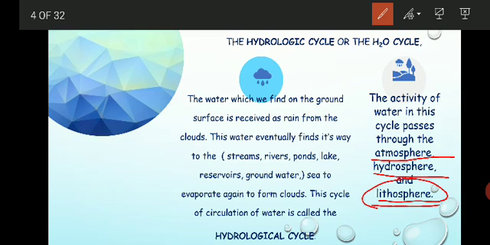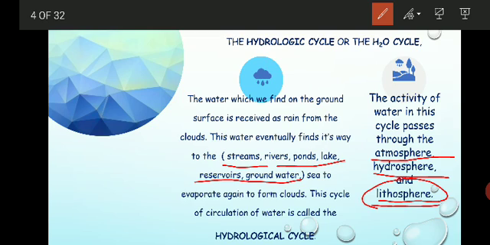So the water which we find on the ground surface is received as rain from the clouds. This water eventually finds its path into the streams, rivers, ponds or lakes, then reservoirs, and some water becomes groundwater when it percolates down.